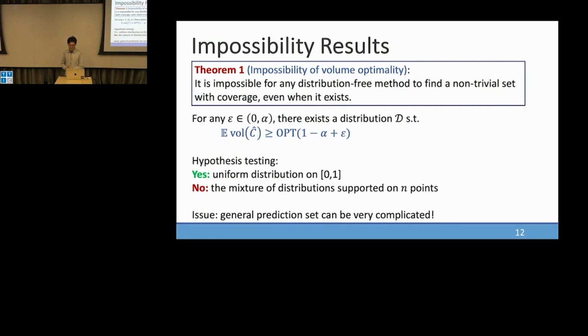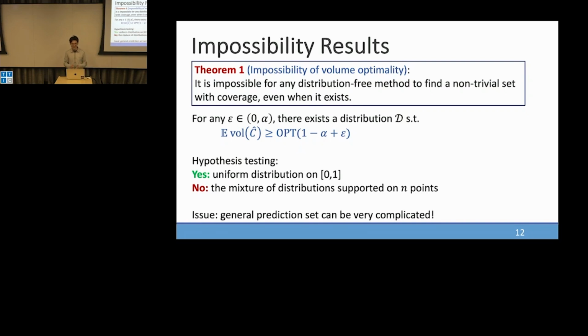So to answer your question, you really need the number of samples to go to infinity. Asymptotically, you can achieve this kind of optimality. The intuition of how we prove this is from hypothesis testing. You can consider two cases. The yes case is that the true distribution is a uniform distribution supported on everything.